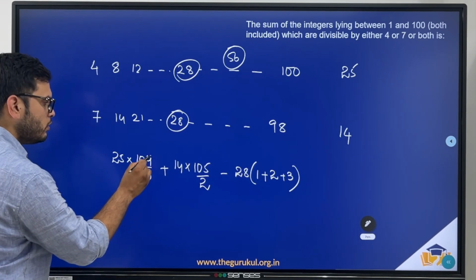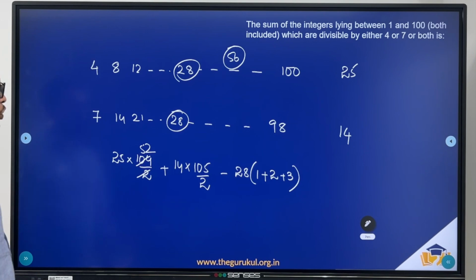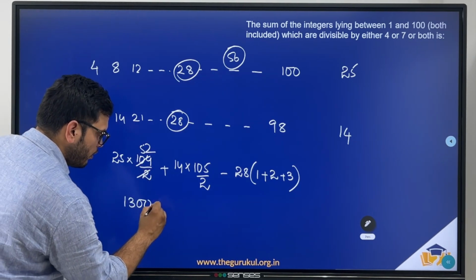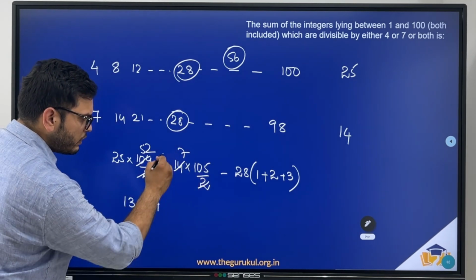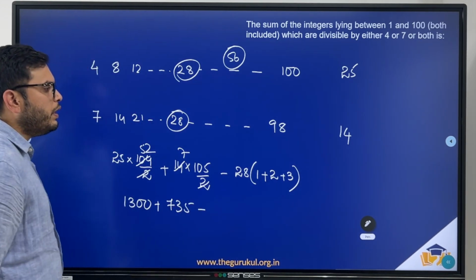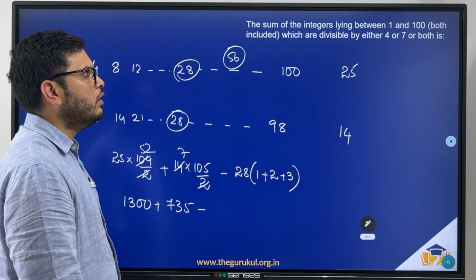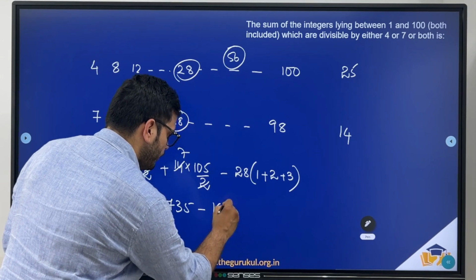So this is 52. Now 25 into 52, 1300, plus 7 into 105, 735, minus 28 into 6. 20 into 6 is 120, 8 into 6 is 48, 120 plus 48, 168.